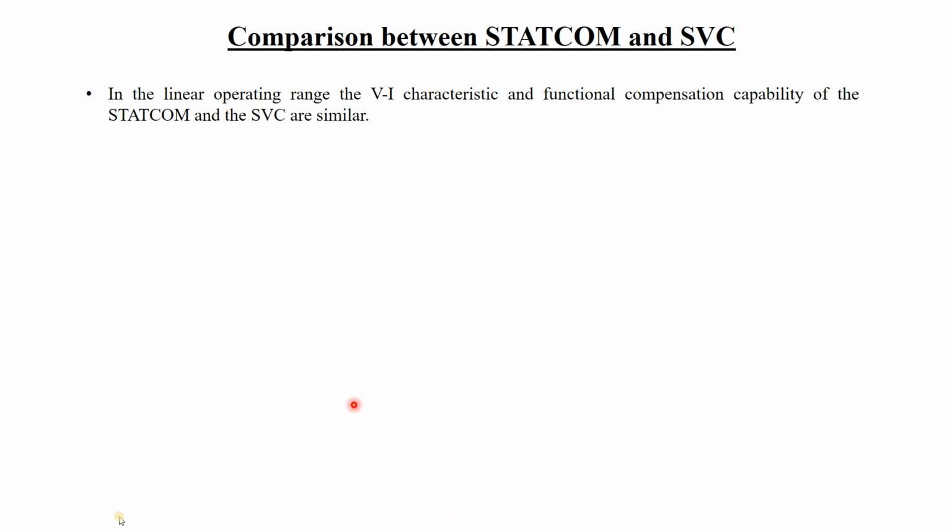The voltage-current characteristic means how the current varies with respect to voltage, when it is generating reactive power, and when it is acting as an inductor, absorbing reactive power. These VI characteristics are very similar between the two.